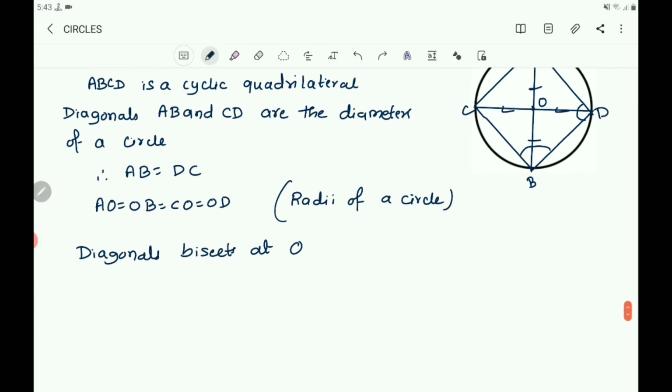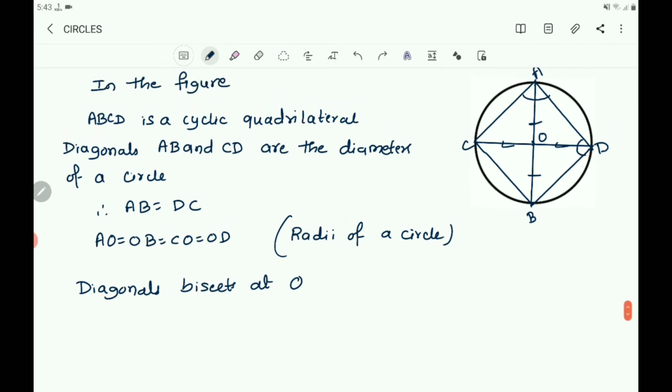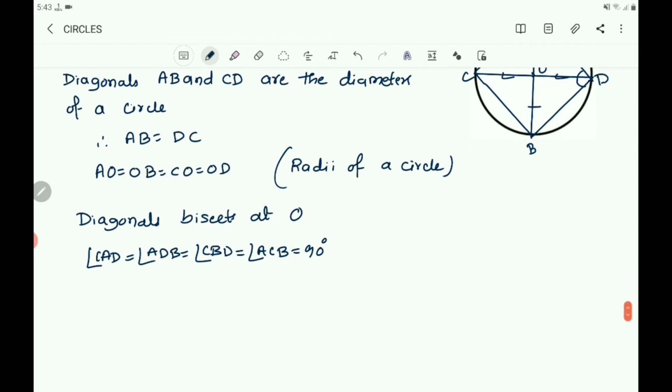So you take angle CAD equals angle ADB equals angle CBD equals angle ACB, all are equal to 90 degrees.